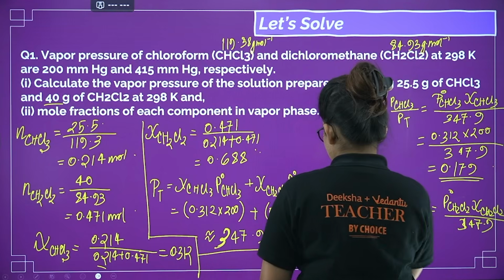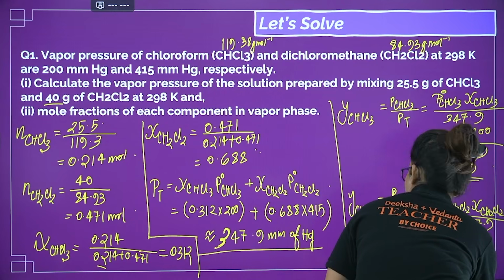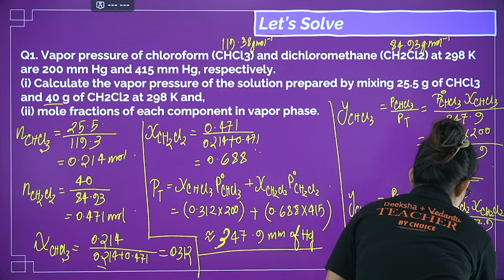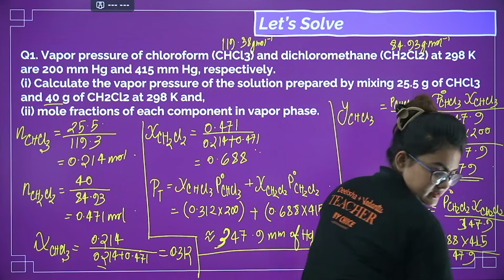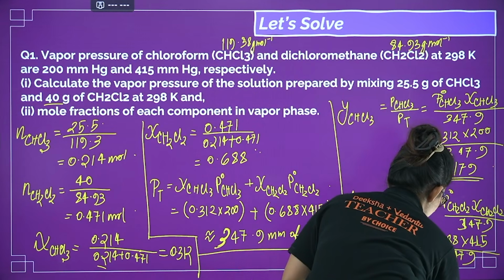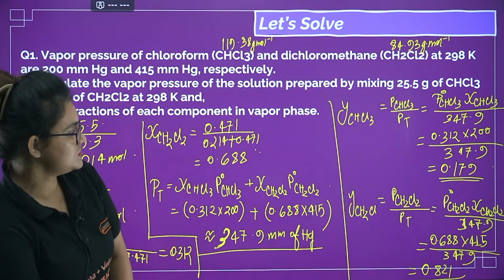Let's put the value from here, 0.688 into 415 divided by 347.9. If you calculate, it will come up with 0.821. This is the vapor phase composition of CH2Cl2.